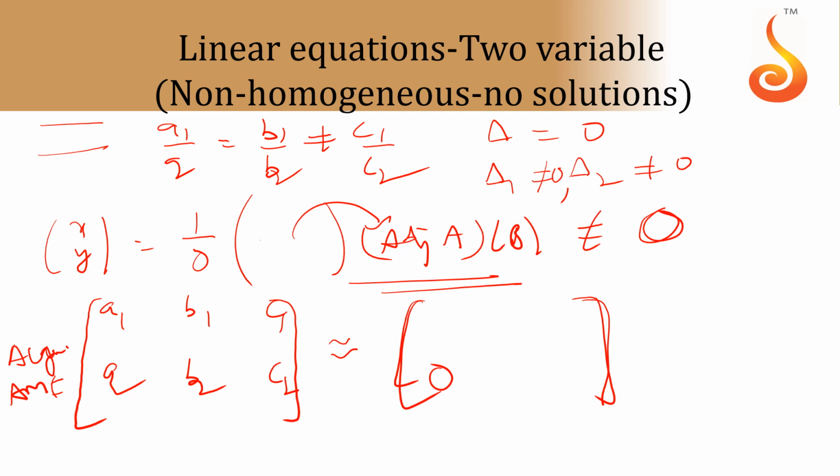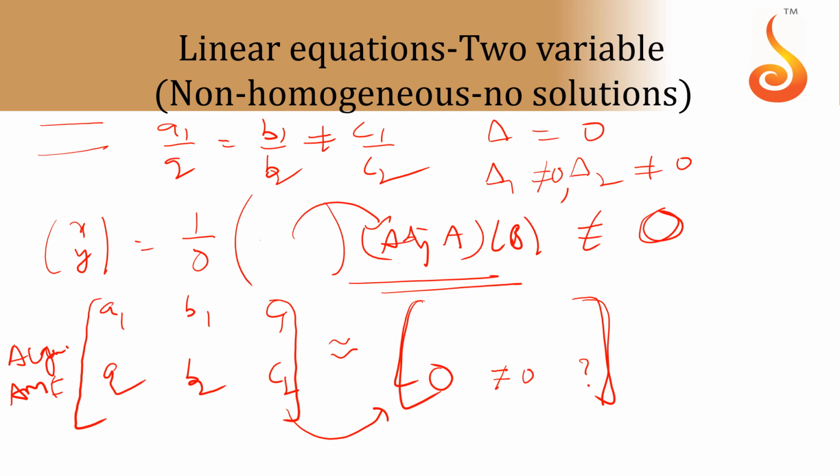Then in the conversion to echelon form, see, there are 3 possibilities. Suppose I get like this: the second row, first element is 0, second element is non-zero, third element can be anything. So please remember, in the augmented matrix, equations are stored. So the last row says 0x plus non-zero into y is something.